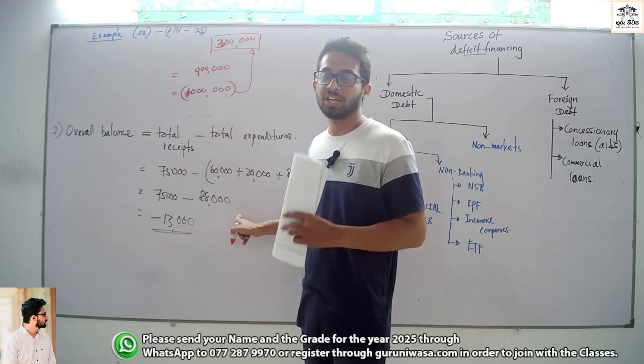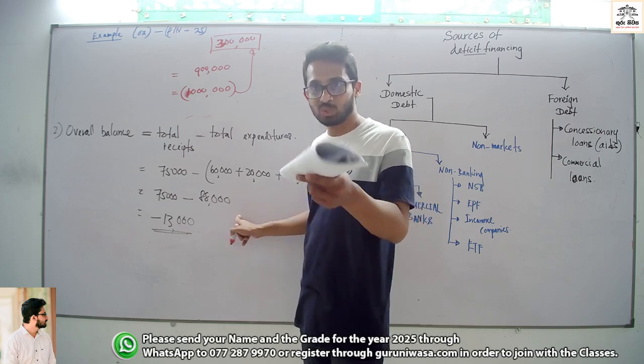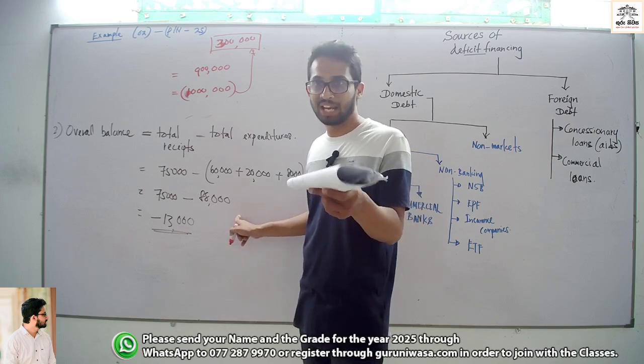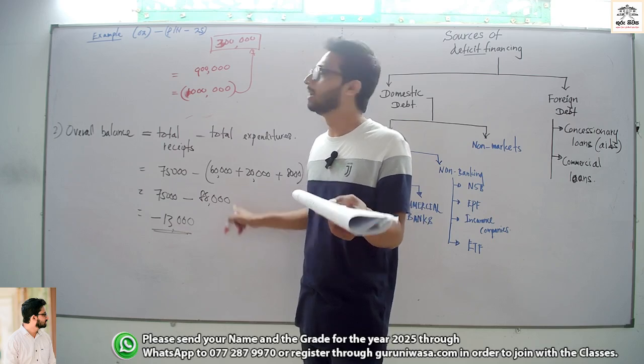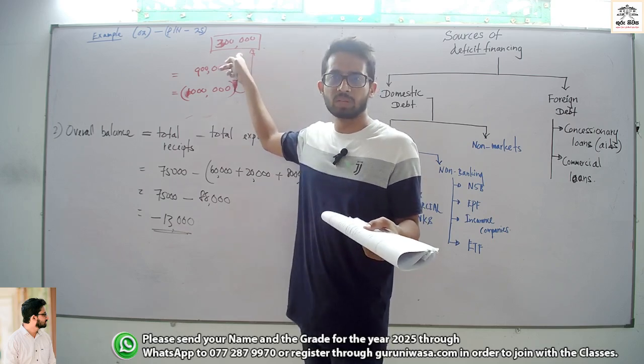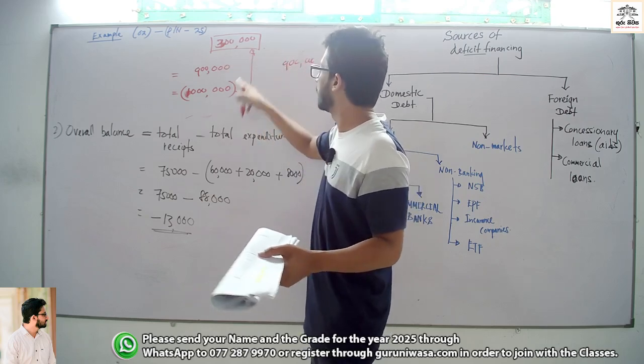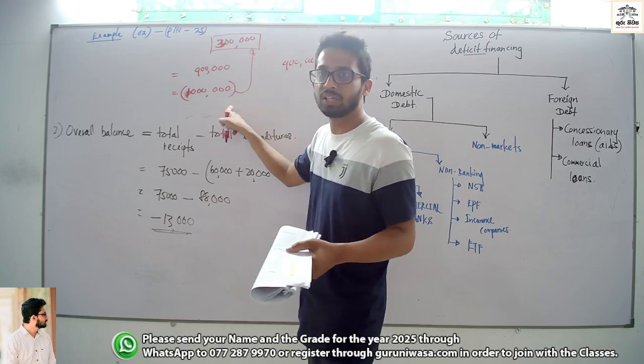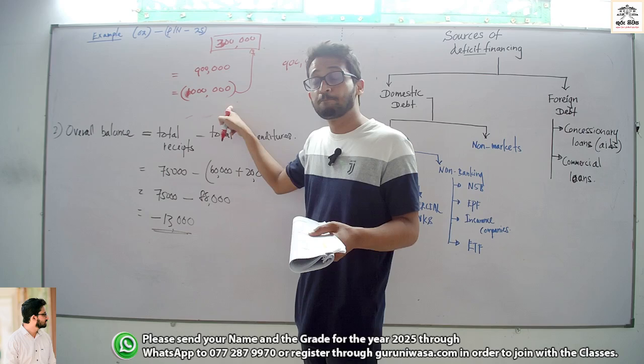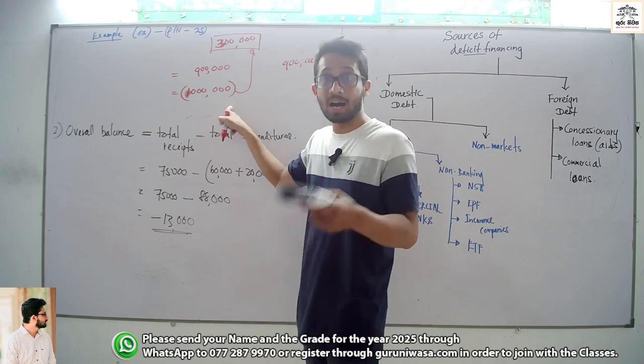Okay, children. Then if you want to measure your actual financial management performance, you have to remove this 300,000. Then your income is 900,000. How much expense? 1 million, with 300,000 interest payment for past debt.